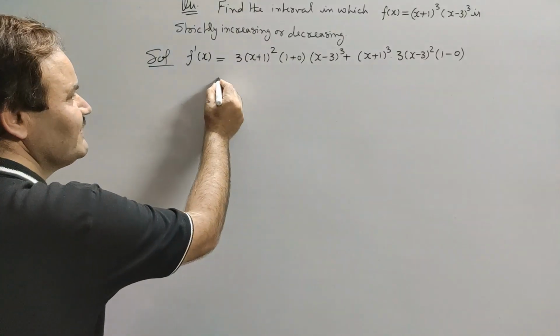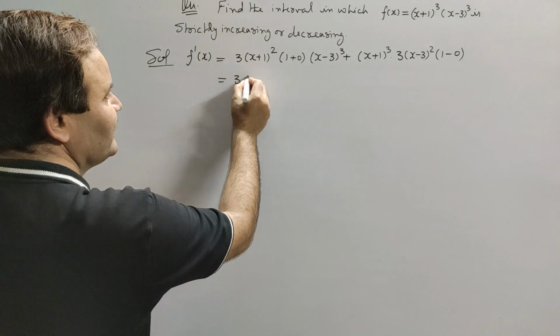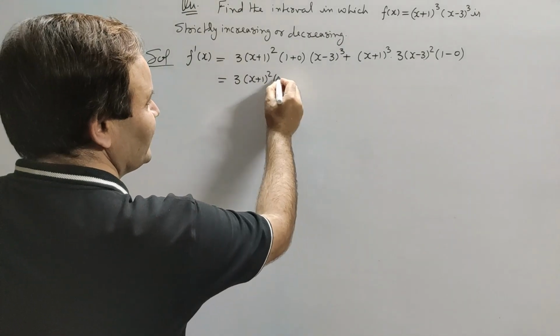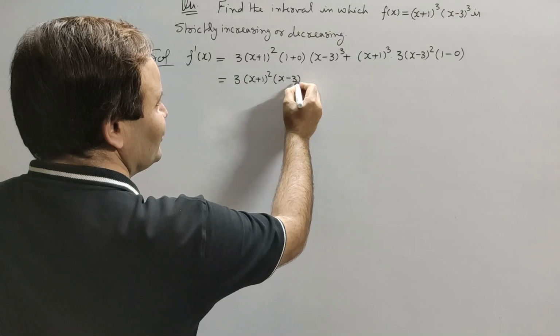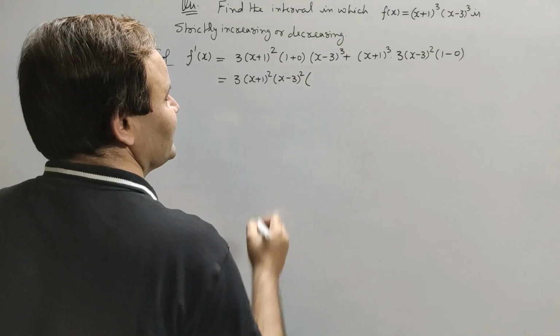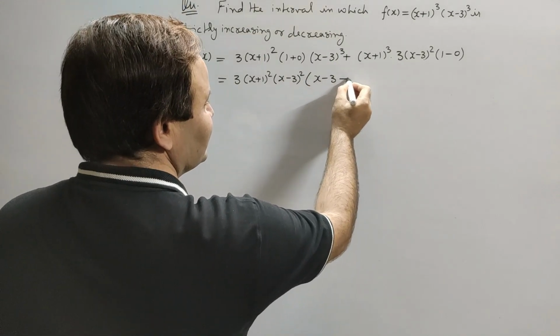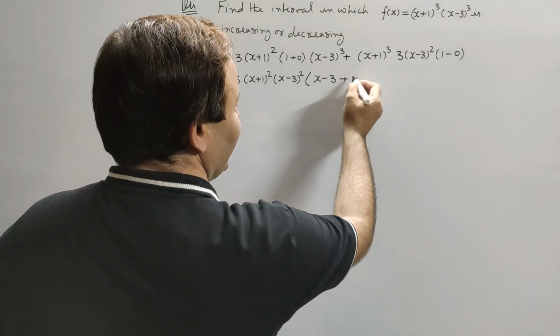So it will give us 3(x+1) whole square into (x-3) whole square as common, and here we will get (x-3) plus here we will get (x+1).